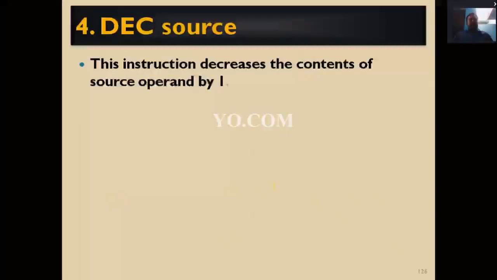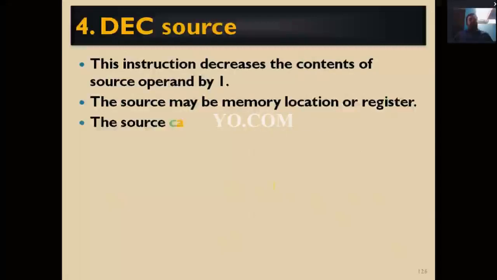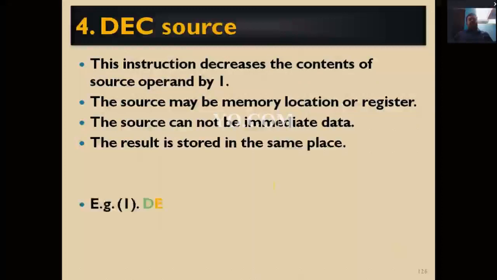Next, the decrement source instruction. This is the same as the increment instruction, but it just decrements the destination source value. So DEC AX means AX equal to AX minus 1. The value is decremented. Similarly, the address value is also decremented. DEC [5000] means the data present in 5000 is decremented by 1.